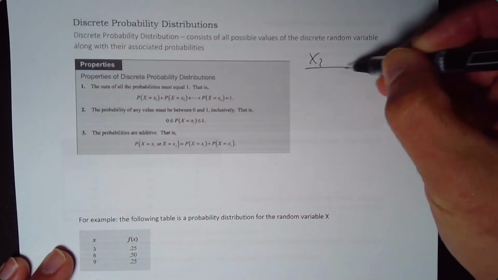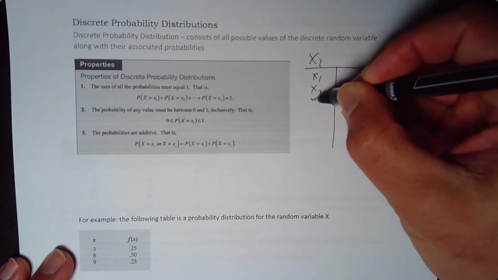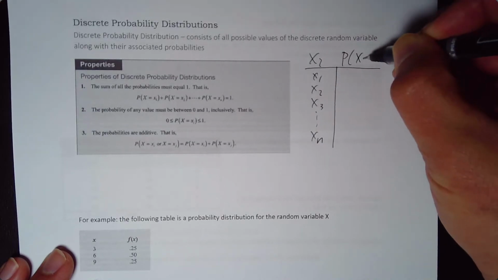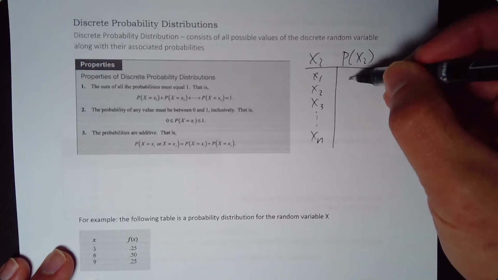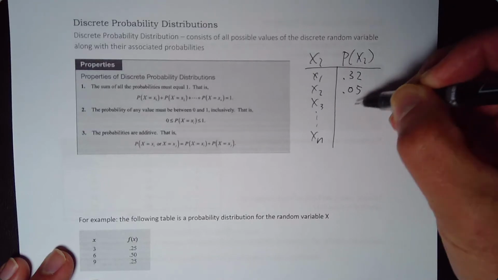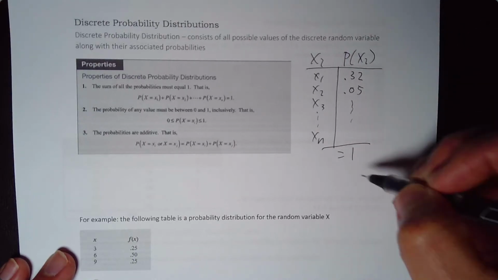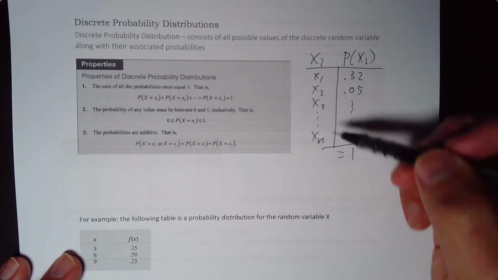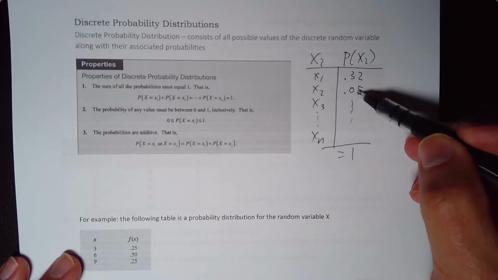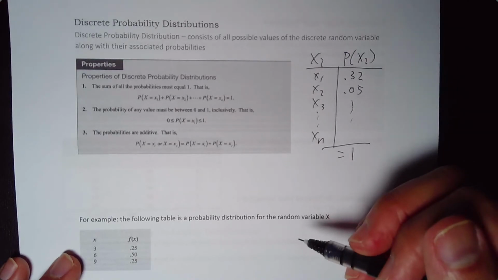Let's say that here are the possible outcomes x1, x2, x3, all the way to xn, with probability of xi being 0.32, 0.05, and so on. If I add them all up, it has to equal 1. These are all the possible values. Second, probability can't be negative, and it can't be greater than 1. If it is, then it is invalid.